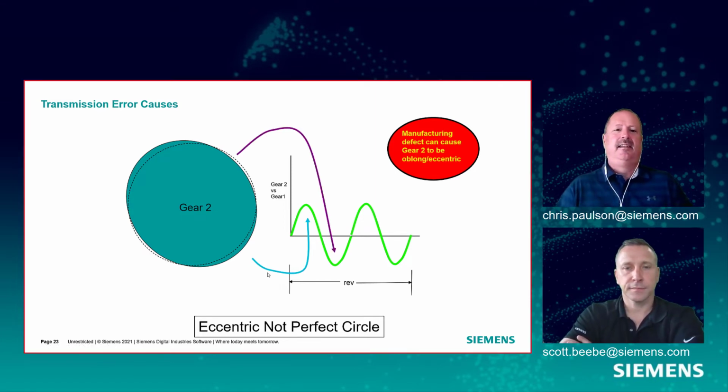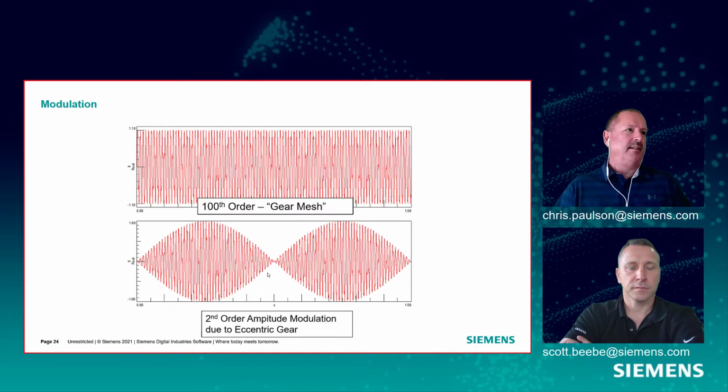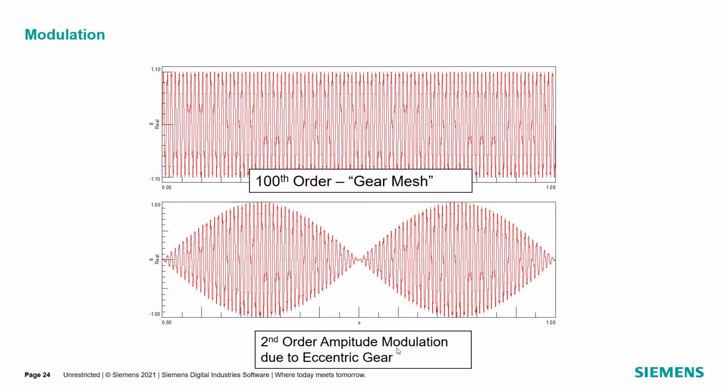Exactly. And so when we look at some test data, which Scott can explain very well. Sure. So we have the perfect 100th order gear mesh here, and you can see it's an equal interaction between the teeth per rotation.